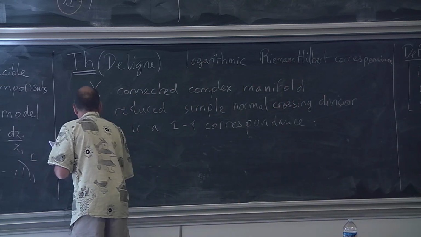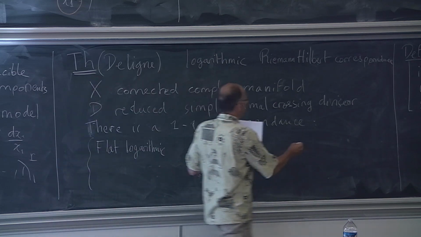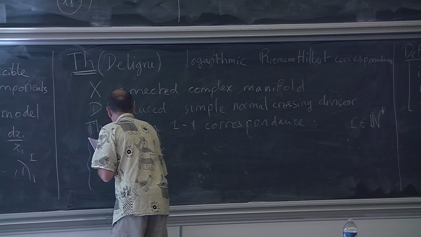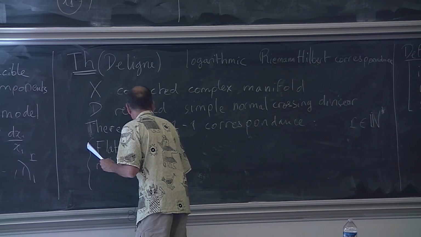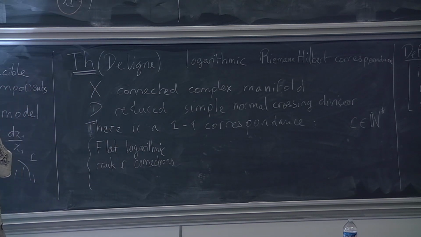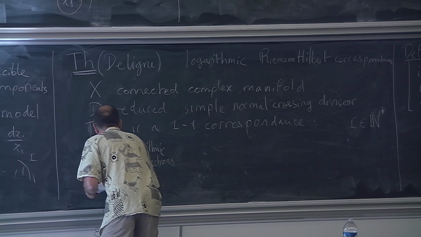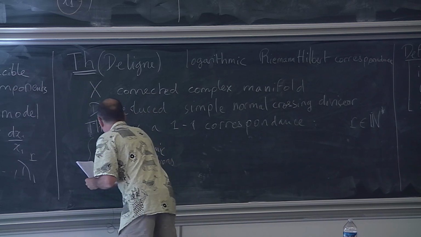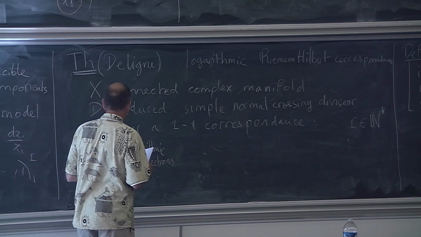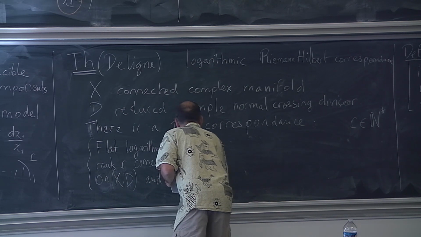I fix the rank. Rank r flat logarithmic connections on X, so as above, they are meromorphic on X with logarithmic singularities on D, and eigenvalues satisfying real part of lambda ij contained in [0,1).